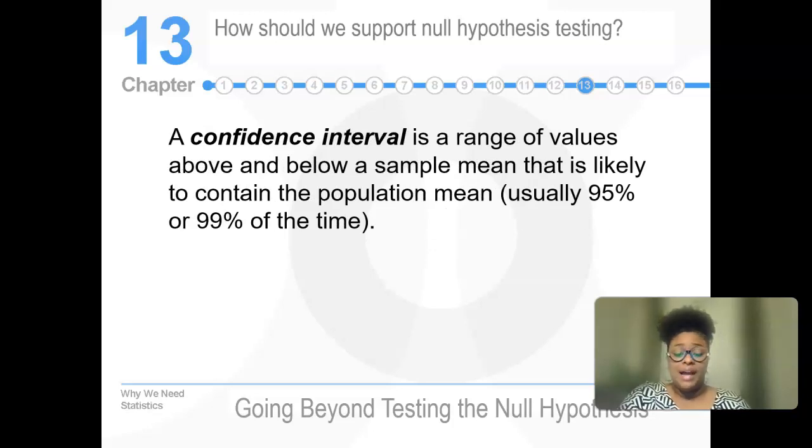The confidence interval is going to be a range of values above and below the sample mean that is likely to contain the population mean. So usually 95% or 99% of the time, the confidence interval will show that range of values that fall below and above the average scores within the sample.